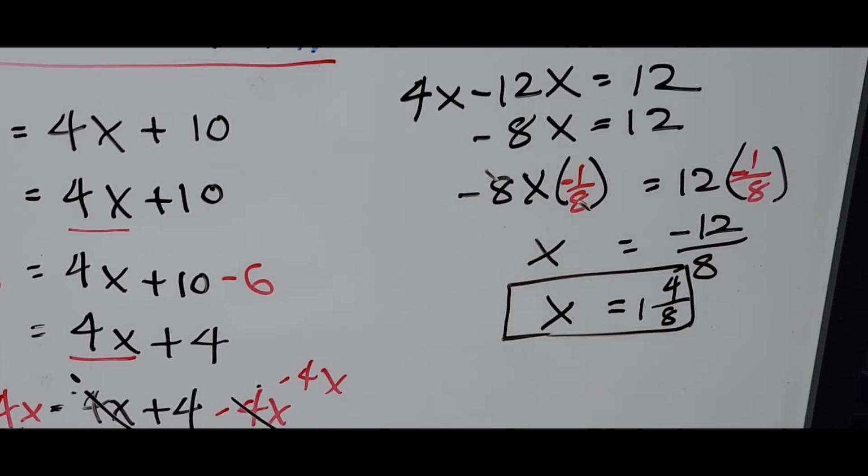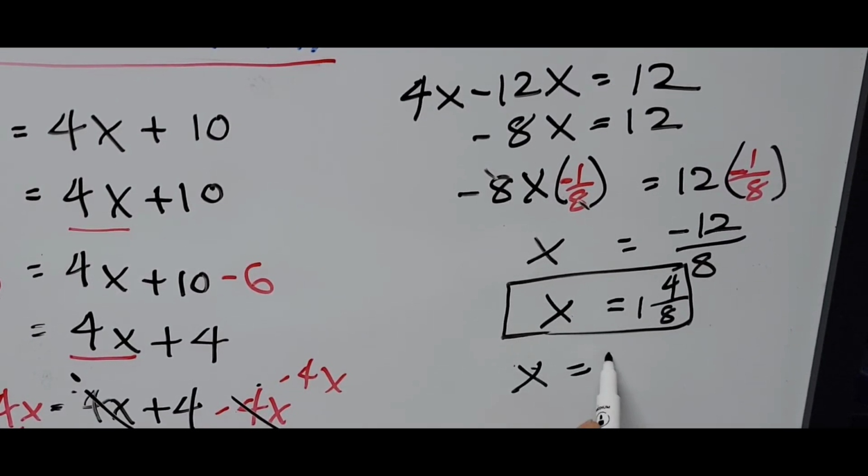That's a mixed number. And now if you can see, are you going to simplify this further? Make it to the lowest terms? Can you do that? Yeah, absolutely, right? Because 4 over 8 is 1/2. So the final answer should be x equals 1 and 4 divided by 8, that is 1 and 1/2.